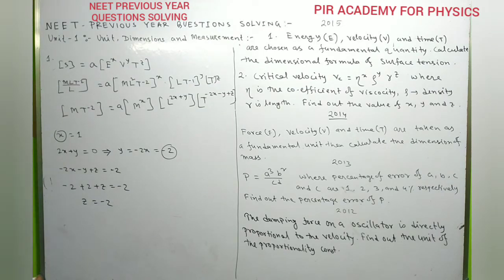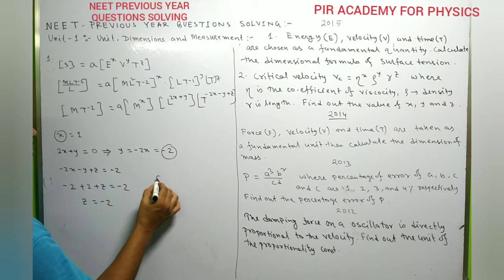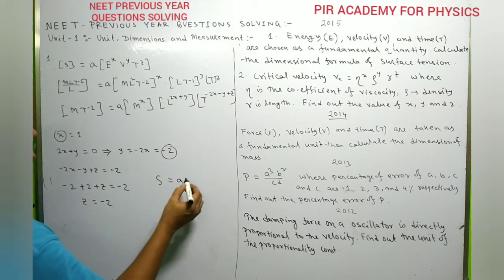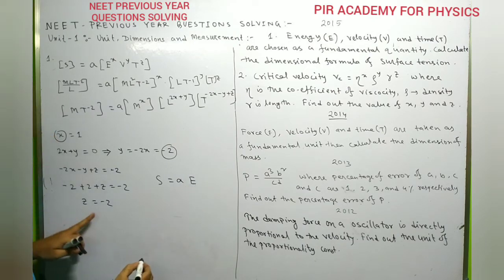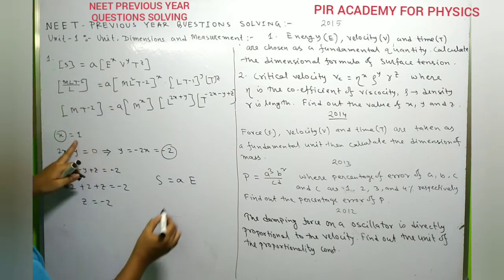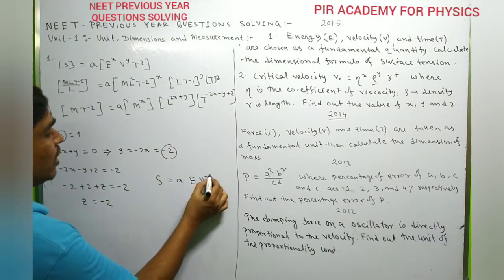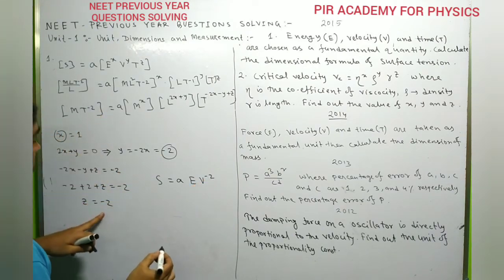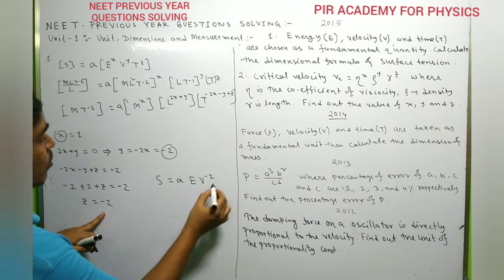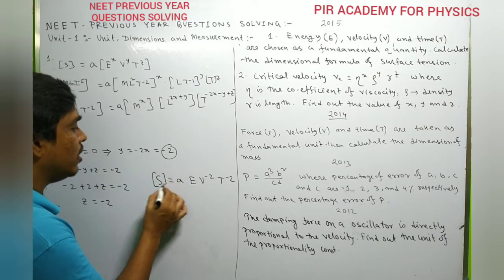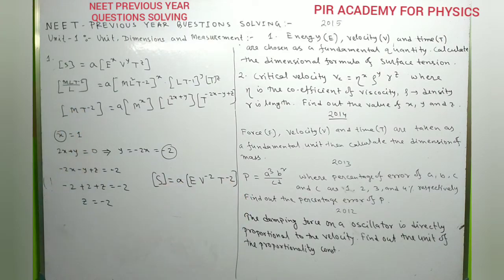So surface tension can be expressed as a dimensionless constant times E to the power x, where x is 1, V to the power minus 2 and T to the power minus 2. So the dimensional formula of surface tension will be E V to the power minus 2.